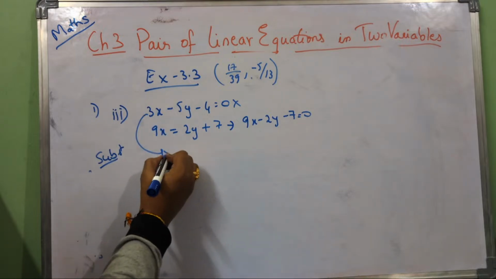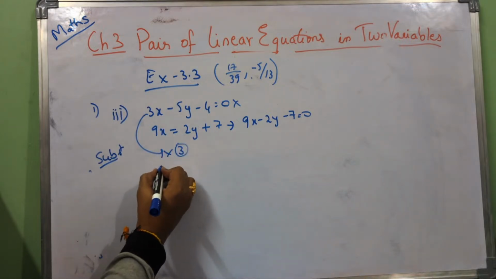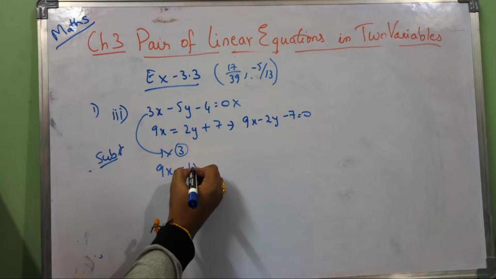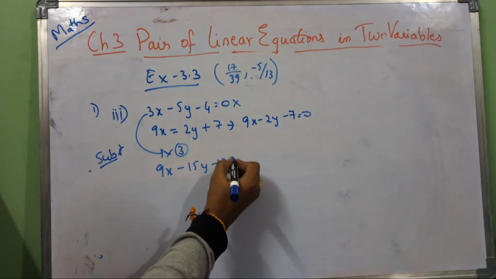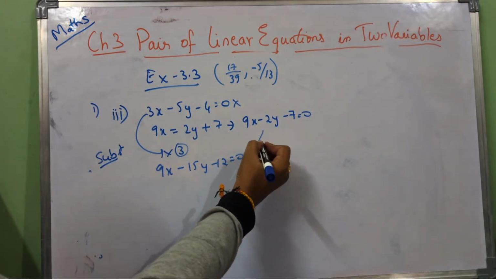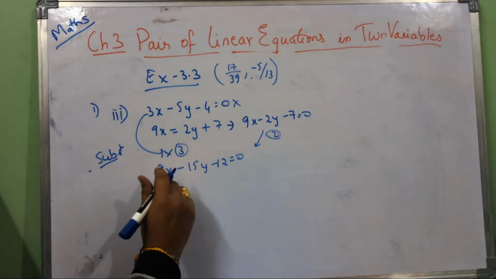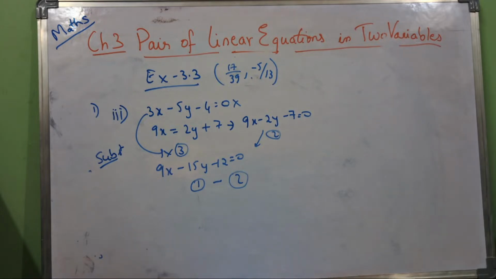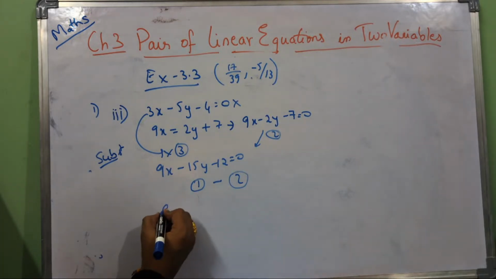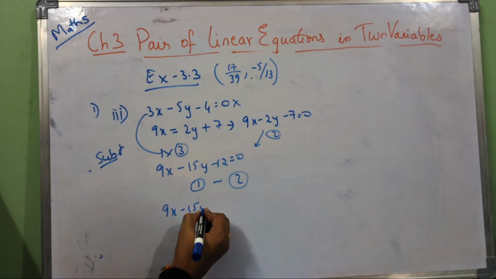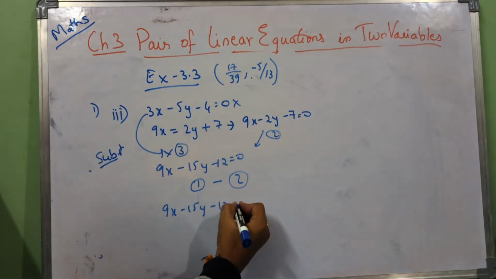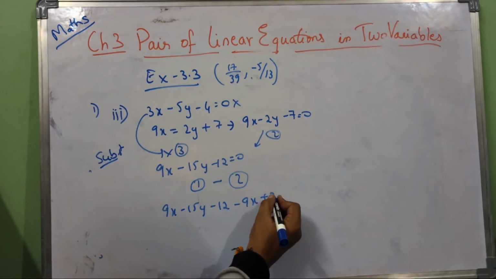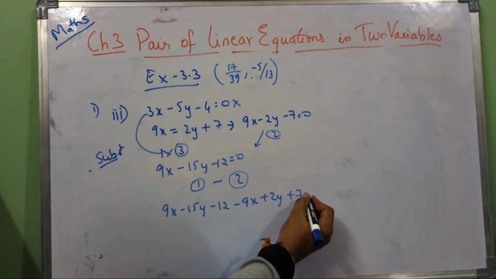So multiplying into 3, we get 3 into 3 is 9x, 5 into 3 is 15, 4 into 3 is 12. So this is one equation, this is second equation. So 9x and 9x, so just 1 minus 2 because we have to get it cancelled. So 9x minus 15y minus 12, again minus 9x plus 2y plus 7 equal to 0.